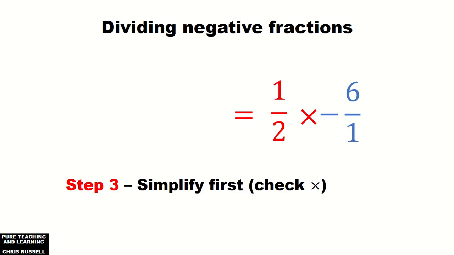Step 3, we simplify first, we check the diagonals with the number 1. It's a special number, we can leave it as it is. But how many 2's go into 6? Well, we have 3. And how many 2's go into 2? Well, we have 1.